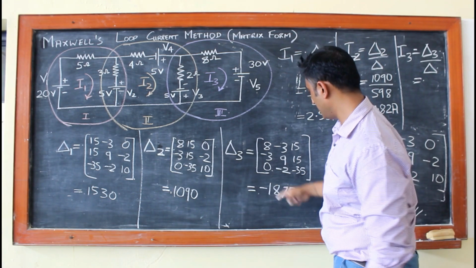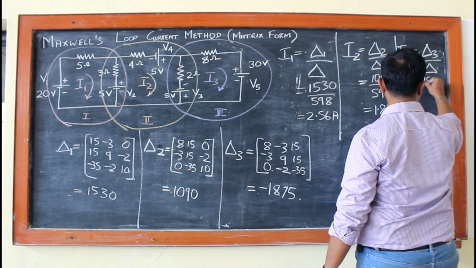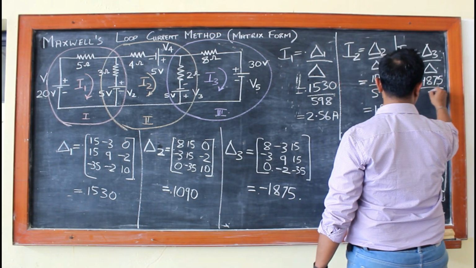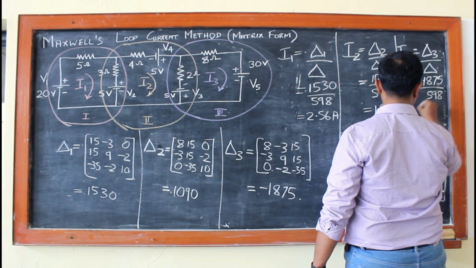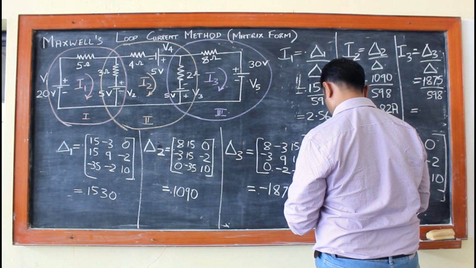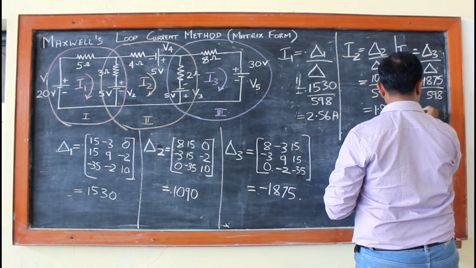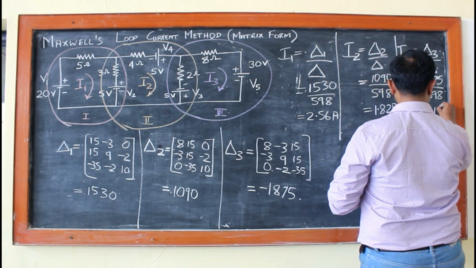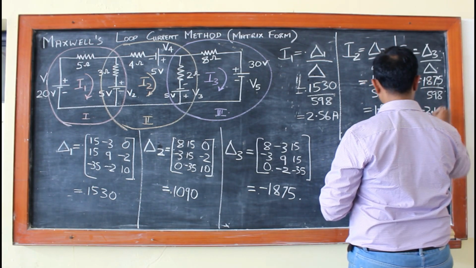In the same way, I can find out I3, which is delta 3 divided by delta. So delta 3 value is 1875 divided by the value 598, which is your resistance matrix. So it will give me a value of minus 3.14 amps.